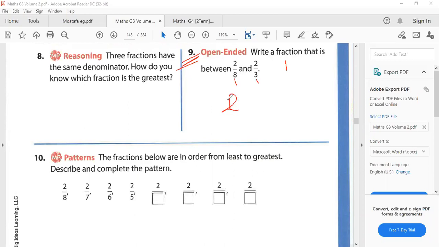So it will be 2 also. We have 2 also over any number between 8 and 3. 2 over 4 will be correct. 2 over another one. 2 over 5. 2 over 6. 2 over 7. All of these fractions are correct. Okay, Adam, thank you.